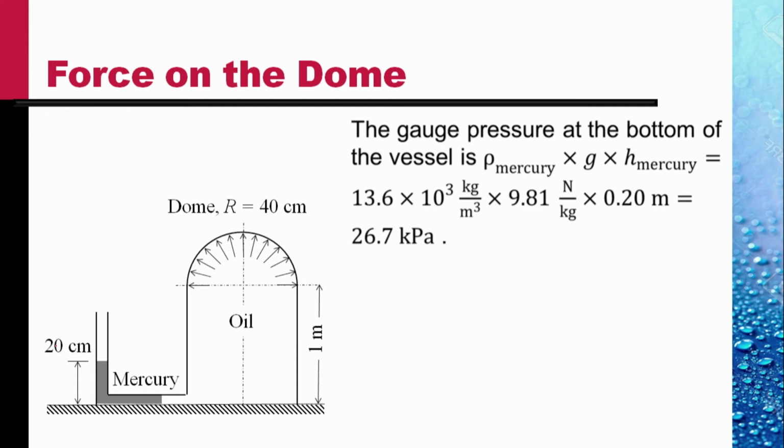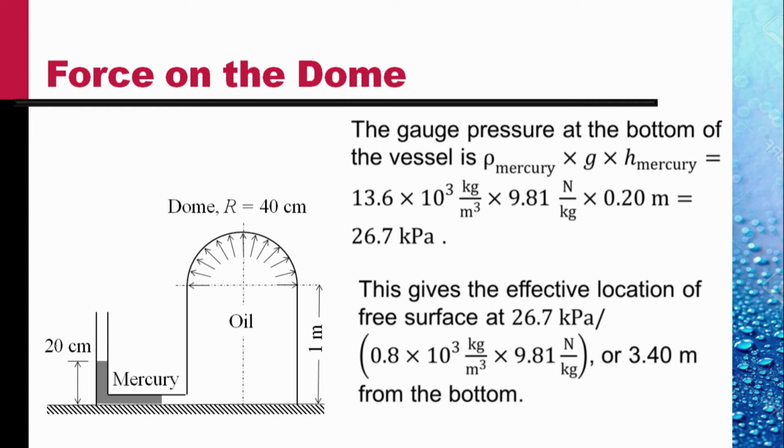So this pressure is 26.7 kilopascals. This pressure of 26.7 kilopascal would mean that the pressure in the oil inside the dome is higher than the atmospheric pressure. Let's find out what is the height of oil that will result in this pressure of 26.7 kilopascal gauge at the bottom of the tank.